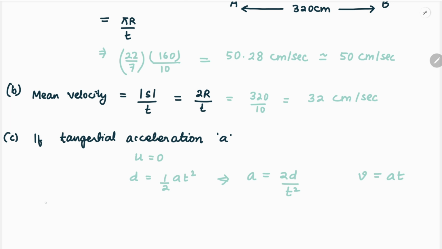So the magnitude of average acceleration, a average, turns out to be delta v by delta t. So at can be written as 2d by t.